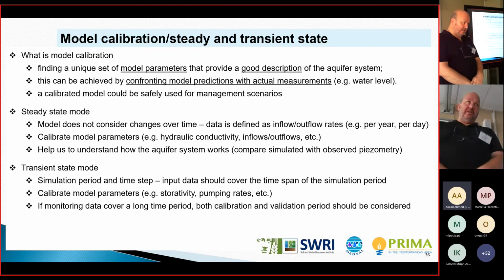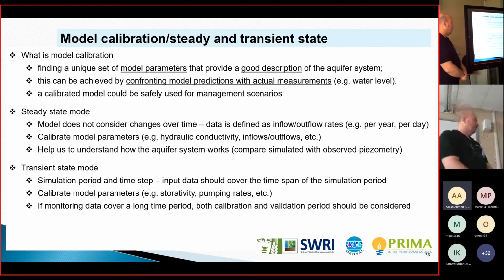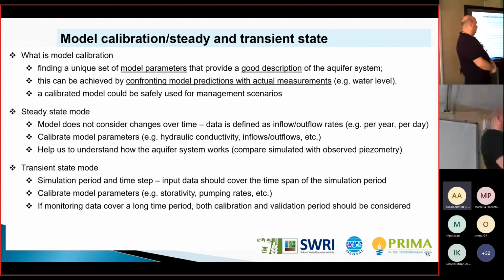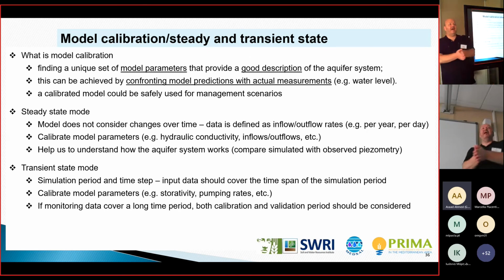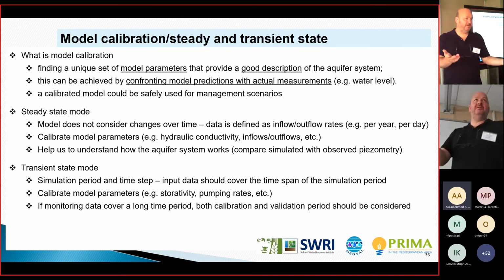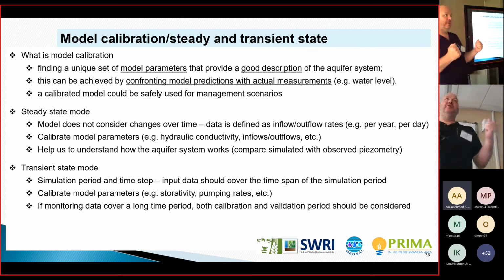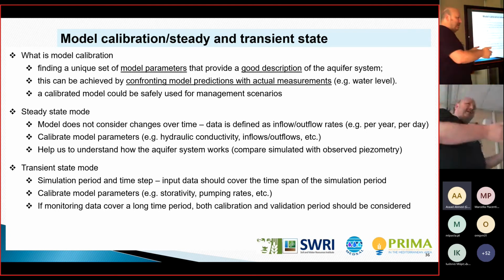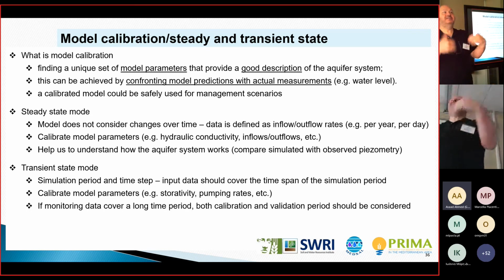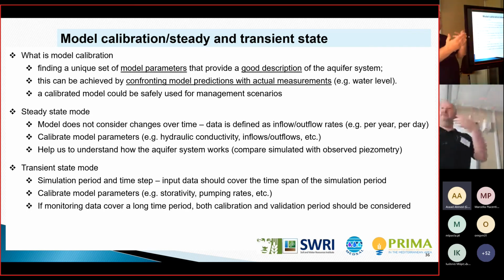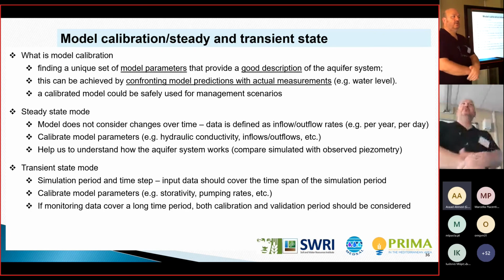If the monitoring data cover a quite long period, we usually divide the model period into a calibration and a validation period. When we say calibration, we mean the period in which we are trying to find the best model parameters. In the validation period, we accept these parameters, run the model, compare the model results with observations and see what happens. Is the difference between the calibration and validation period clear?